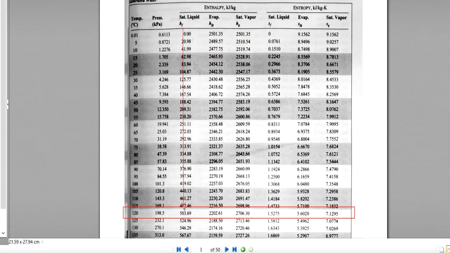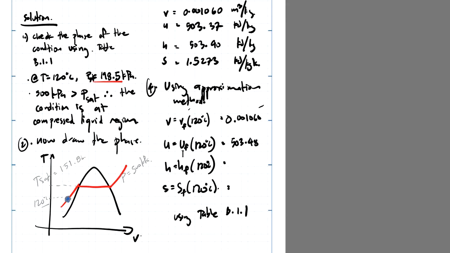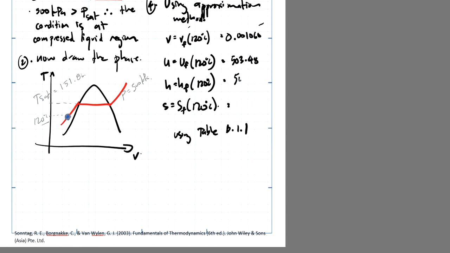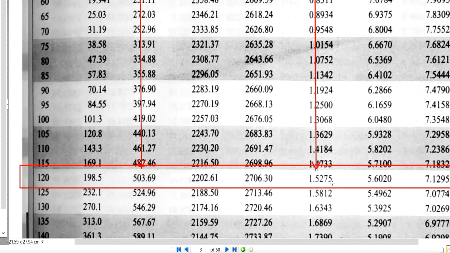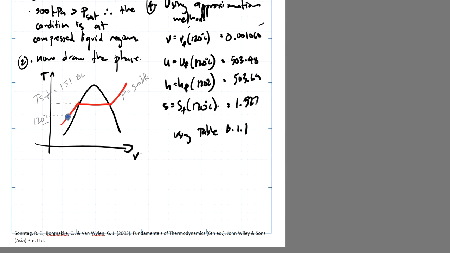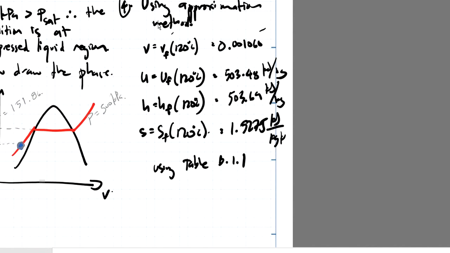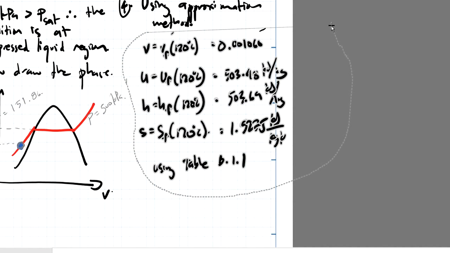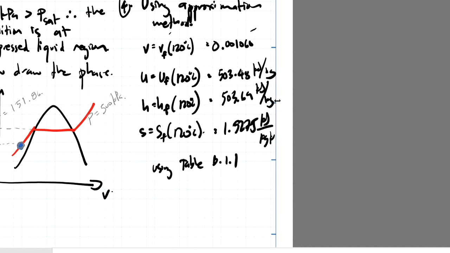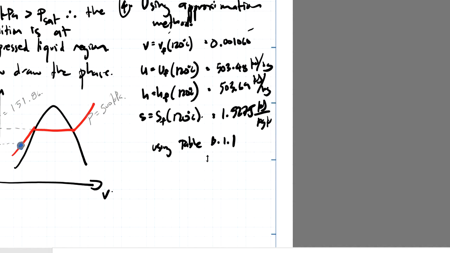So 503.69, and the SF is, what's the SF? 1.5275, and the unit is kilojoules per kilogram K. Okay, and since we must not go beyond this borderline, we have to change this.